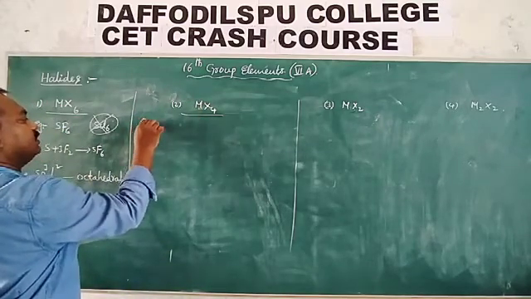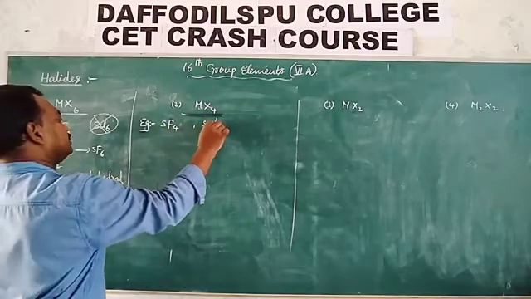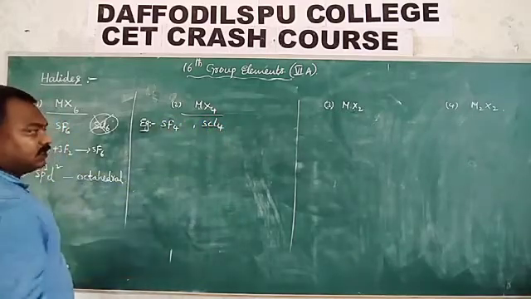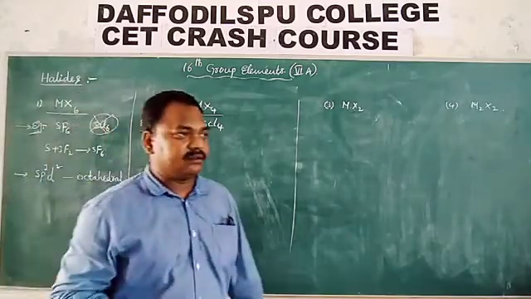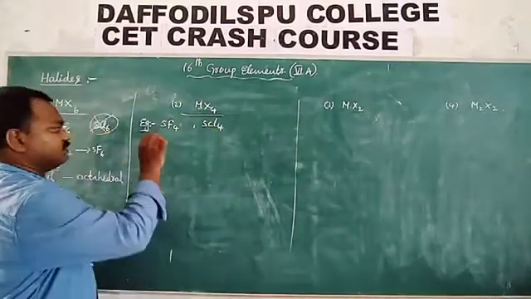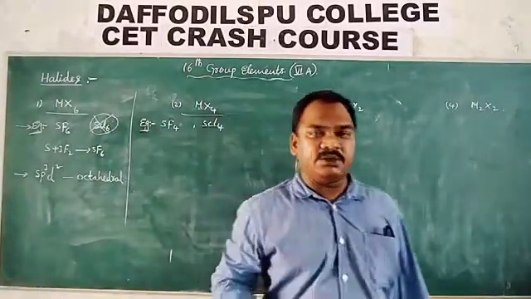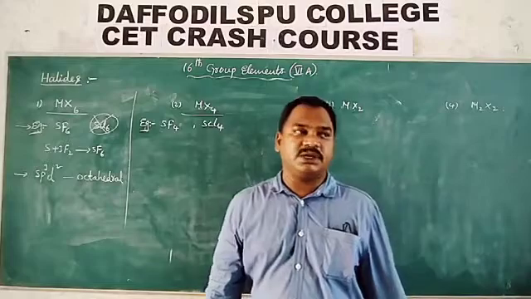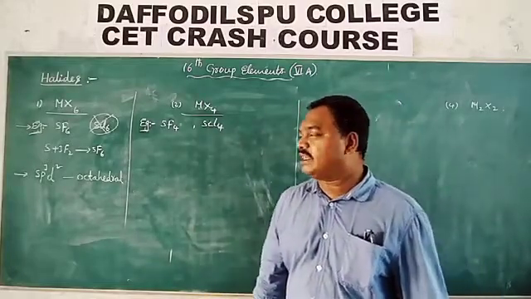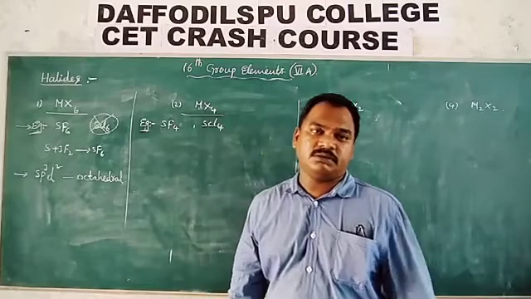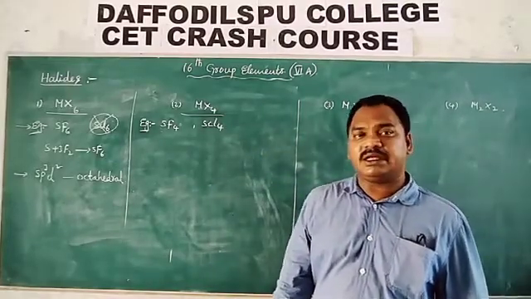Examples are SF4 and SCl4. SF4 is obtained by reaction of sulfur with fluorine in a nitrogen atmosphere.